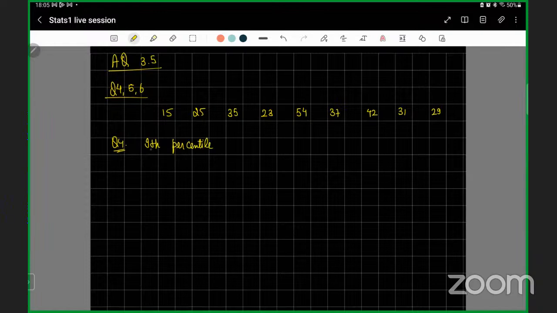So how do you find the percentile? Can you tell me the method? Okay. So you have to find the 9th percentile. What do you do first? First, you will have to sort your data. You arrange it in ascending order, right?